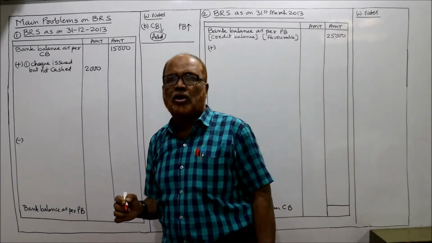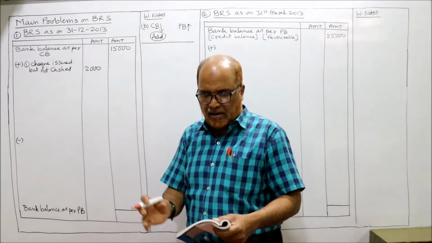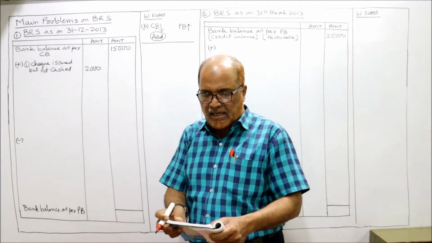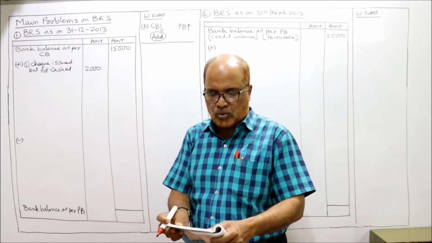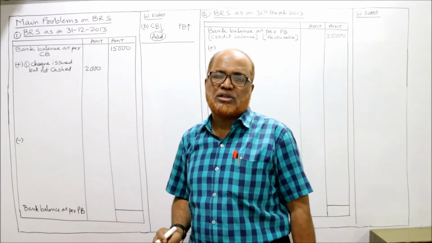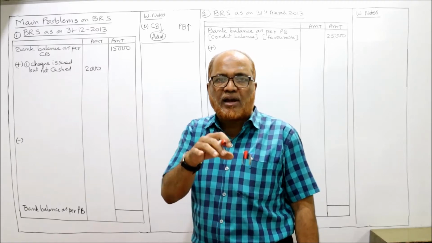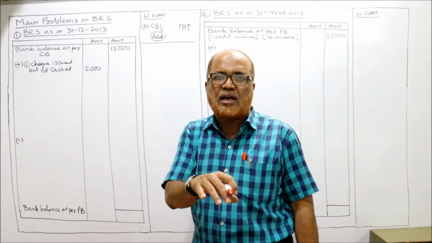Check issued but not presented for payment. Now the second one: checks paid into bank but not cleared and credited before 31st December 2013 were rupees 2,800. Checks deposited. We have received some checks from the customers and we have recorded those checks in our cash book.